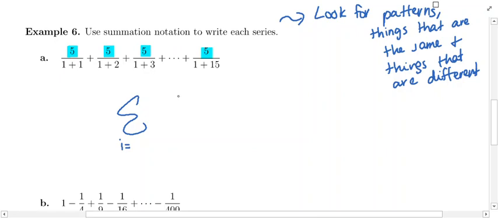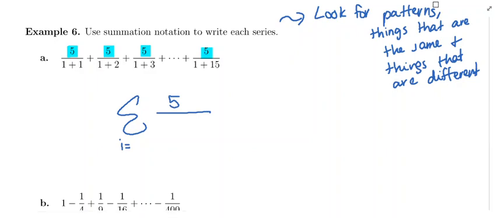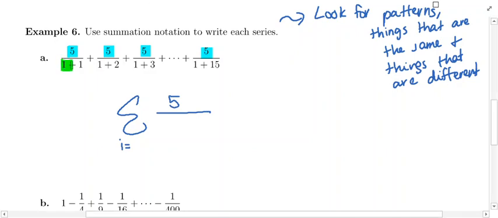In the denominator, there's always 1 plus, 1 plus, 1 plus. That's another constant, so we're going to write that down. That's never going to change from term to term.